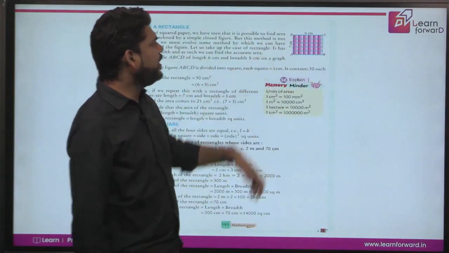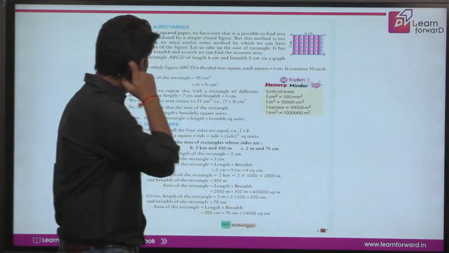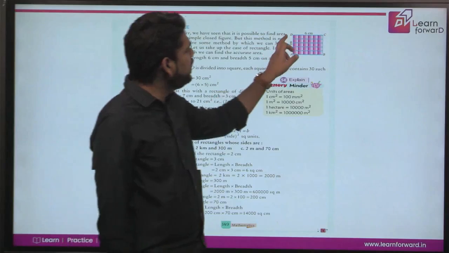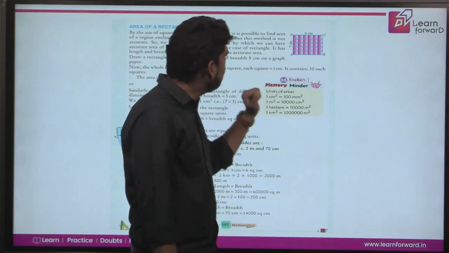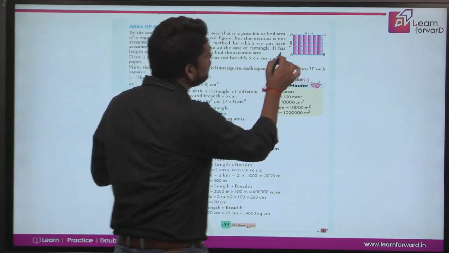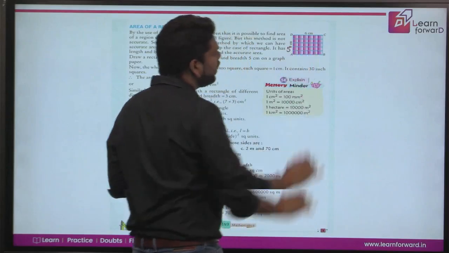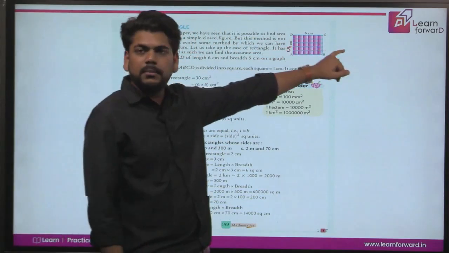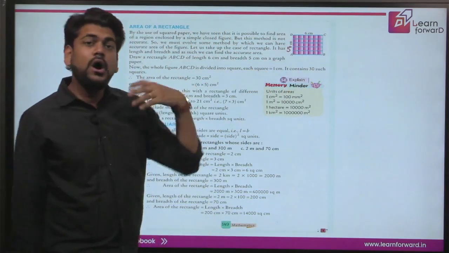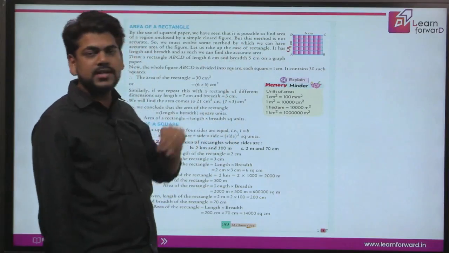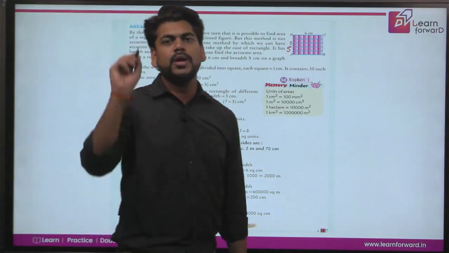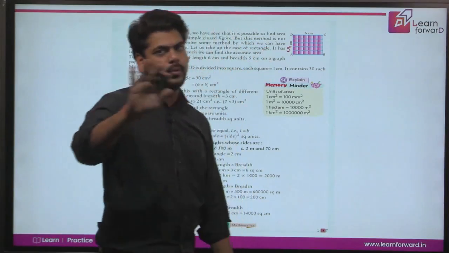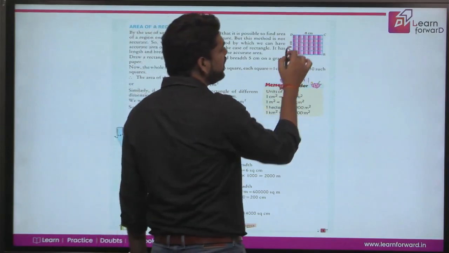Now the area of rectangle. Now the rectangle is given to us where the length is 7 cm. Okay, 5. It must be 5. It's written 7 over here by mistake. The length is 6 centimeter and the breadth is 5. So how do we calculate the area? How many squares are there? We are not supposed to count 1, 2, 3, 4, 5, 6. No. Just multiply them. 6 fives are 30.